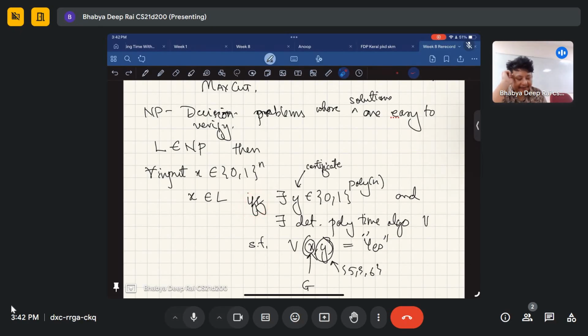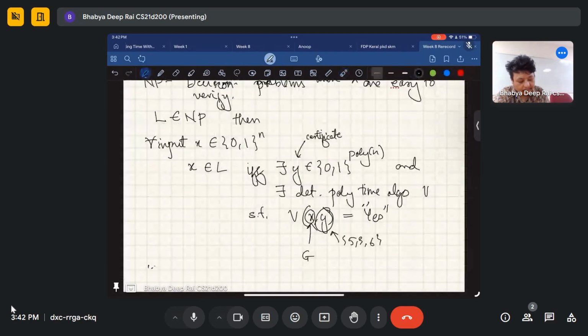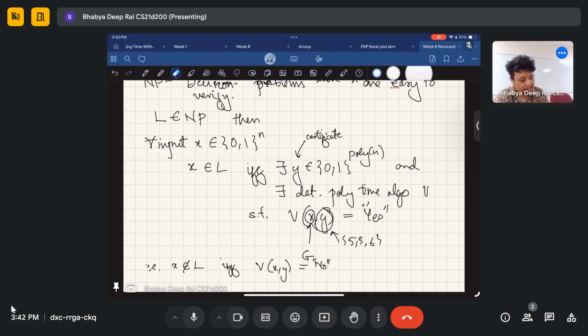It means that if X does not belong to the language, then equivalently, V(X, Y) says no.